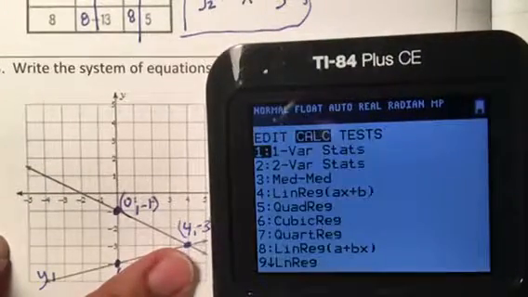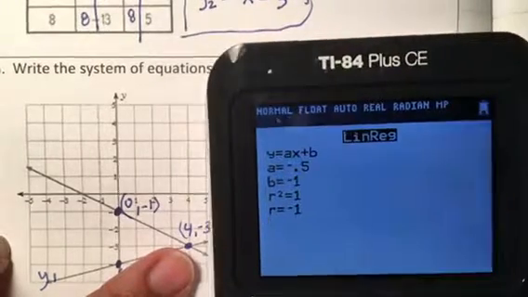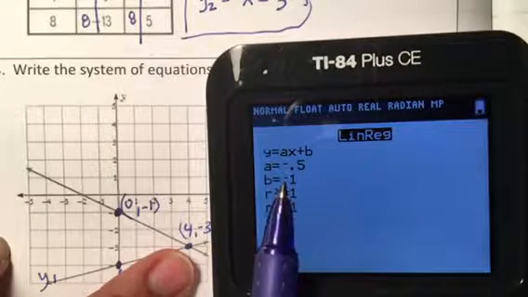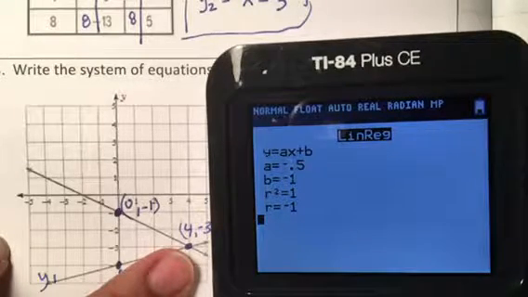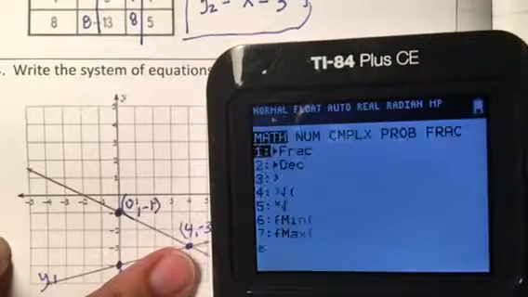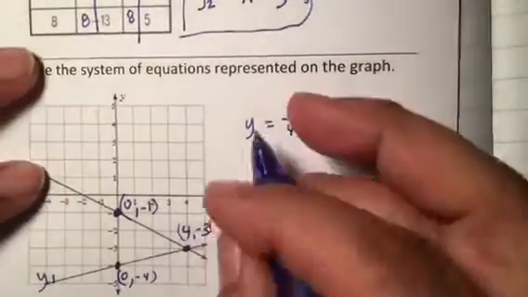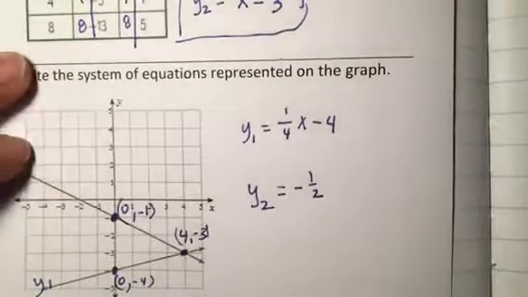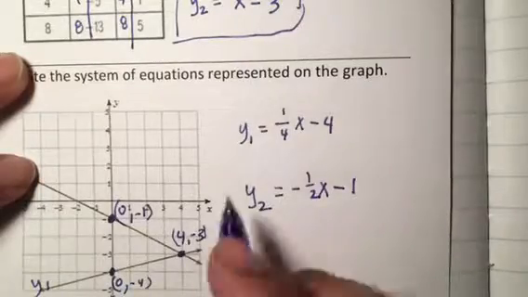So I'm going to press stat over 4, enter 5 times. So this one is -0.5 and -1. So -0.5 you should know is -1/2, but just in case, I'm going to press math and enter twice. So -1/2. So y equals -1/2 x, and then it was -1. And there's your answer.